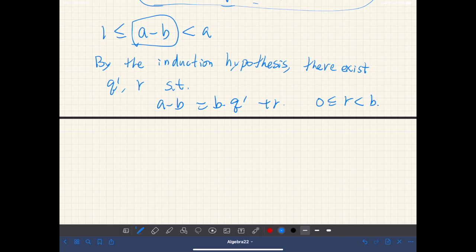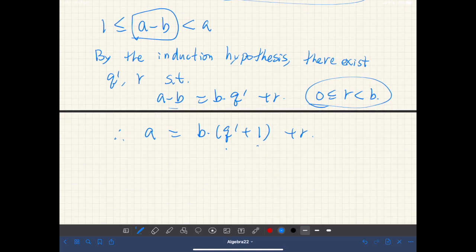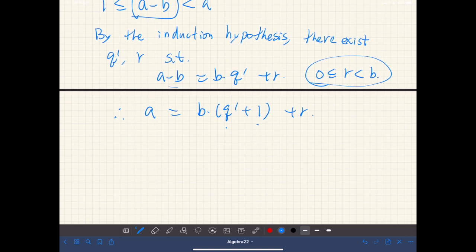Now moving this negative b to the right hand side, we have a equals b times q prime plus 1, plus r, and r is still the same. And of course q prime plus 1 is an integer, therefore the theorem holds. So we can put q equal to q prime plus 1 and r is just r. Therefore the theorem holds.